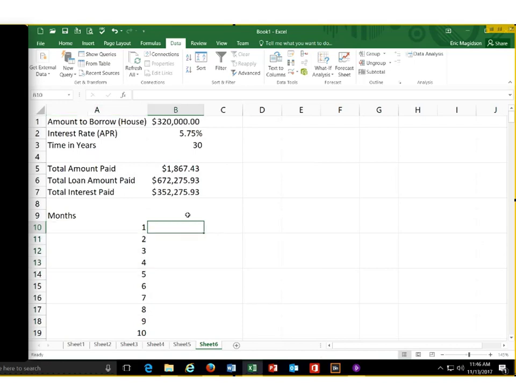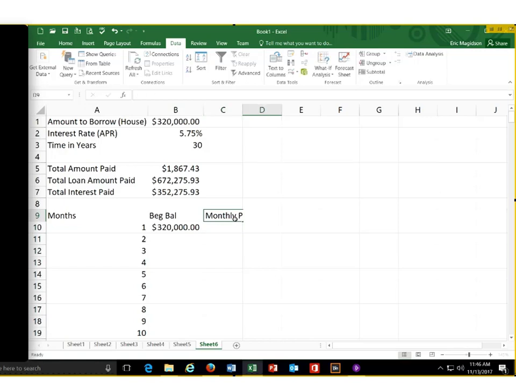Okay. Now, we then have what's called a beginning balance. What's our beginning balance the first month? If we haven't made a payment, what's our beginning balance? I wish it was 0. 320,000. Okay. Now each month I'm going to make a monthly payment.